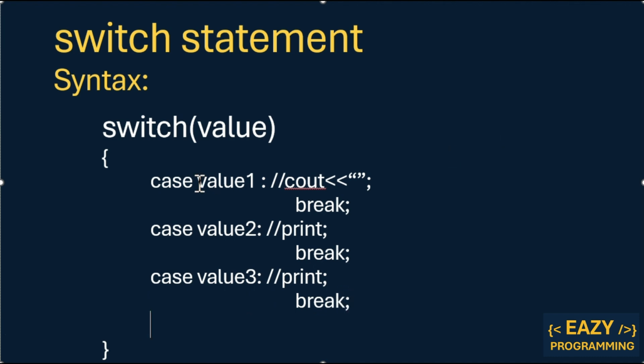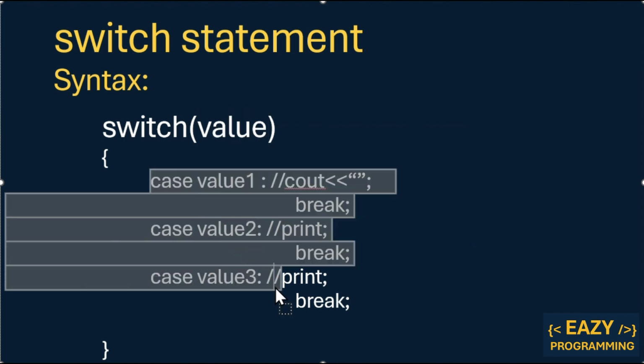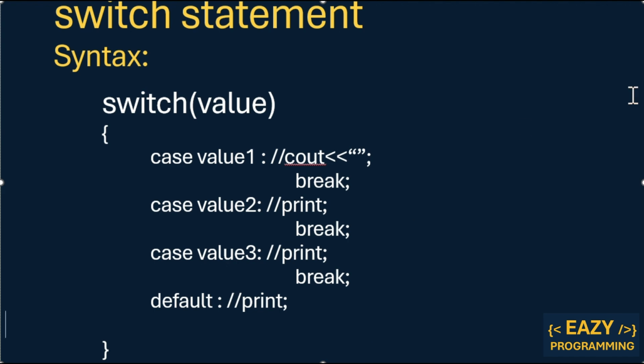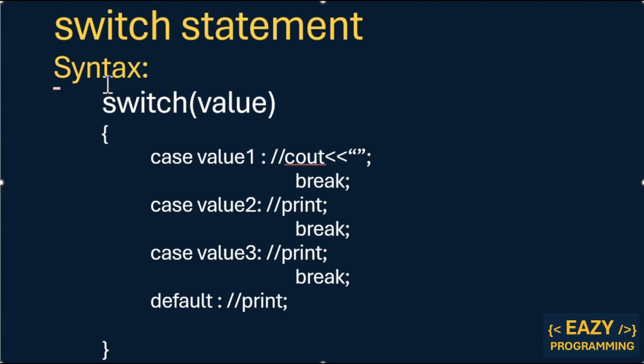We are checking the value against different values using case, and if all these values are false, then I am writing one more, that is default, colon. I will print something here, and I will write break.